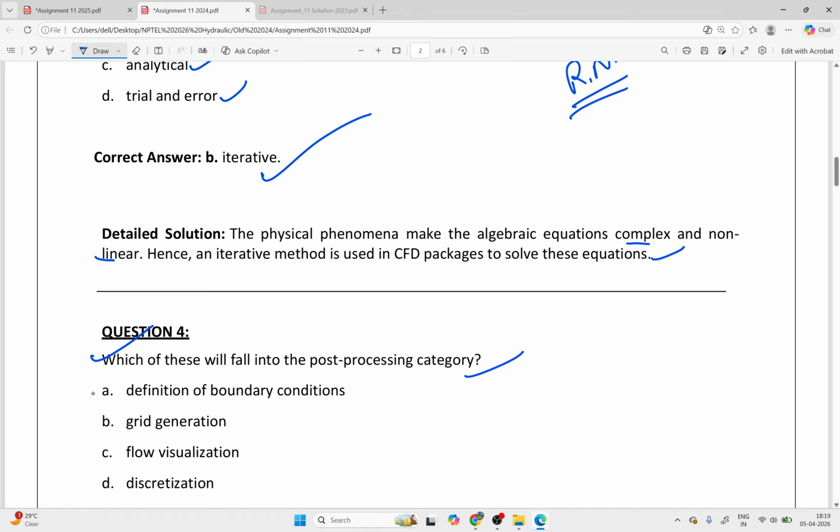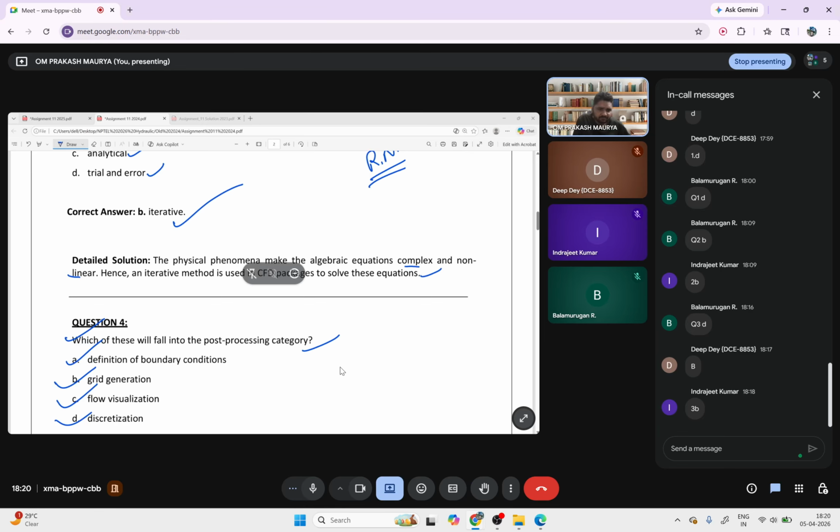Option A, defining of boundary conditions. So here defining should be the term there. And the grid generation, flow visualization, and discretization. So which option will be correct? Please just try to write your answer.